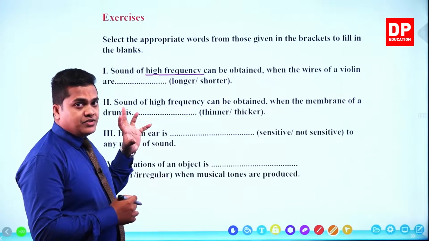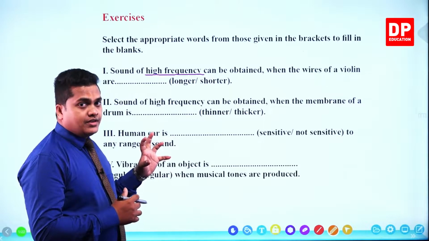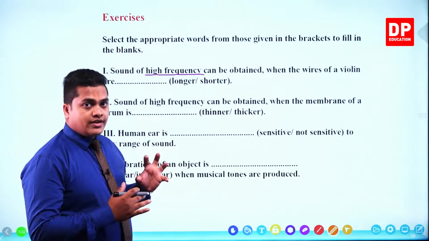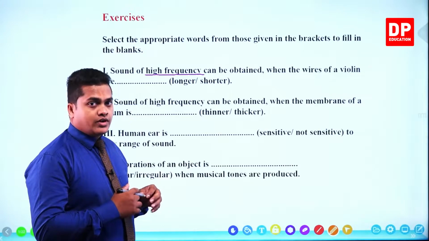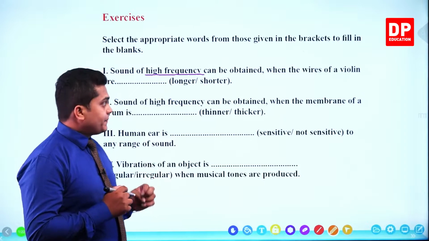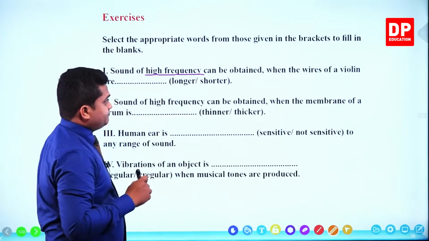Here we need to select the word that can produce a high sound, or a more intense sound, of a violin. The words given are shorter and longer.